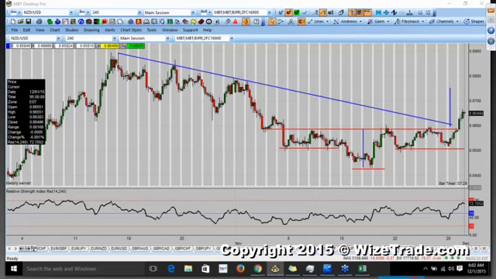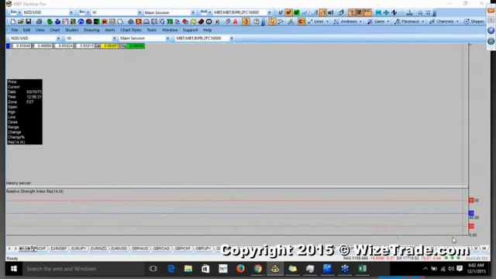When it's obvious like that, I tend to be a little wary. Now, the short term inverted head and shoulder pattern that you see here, that one I think is doable. It's the longer term one that has me a little concerned.